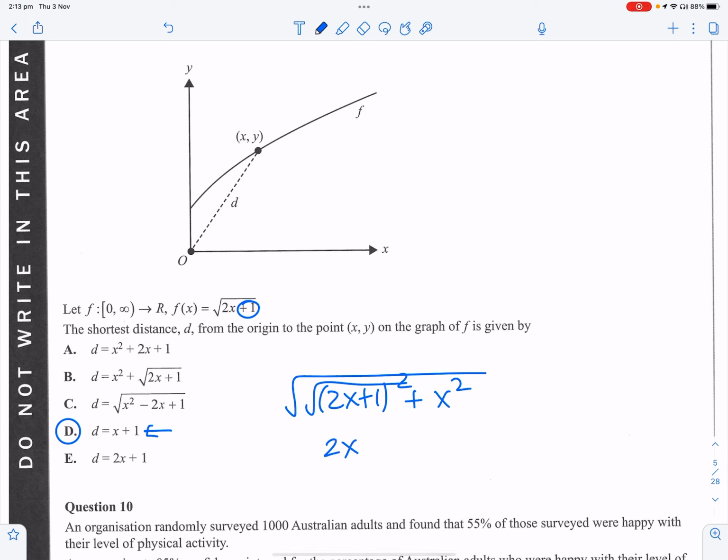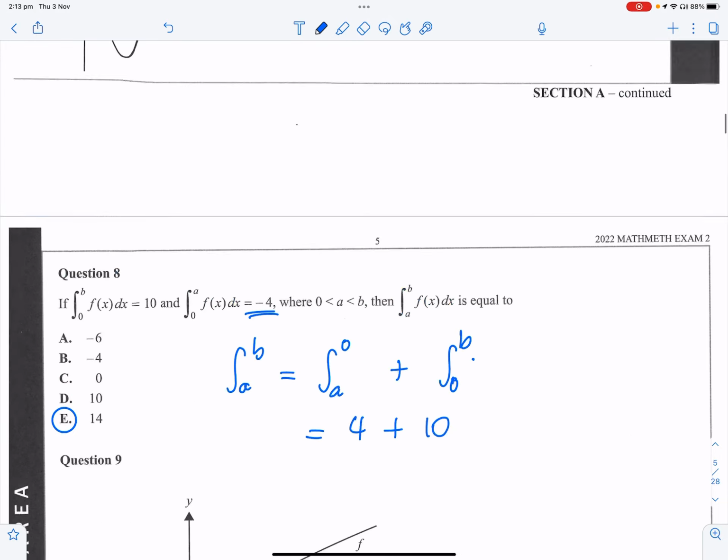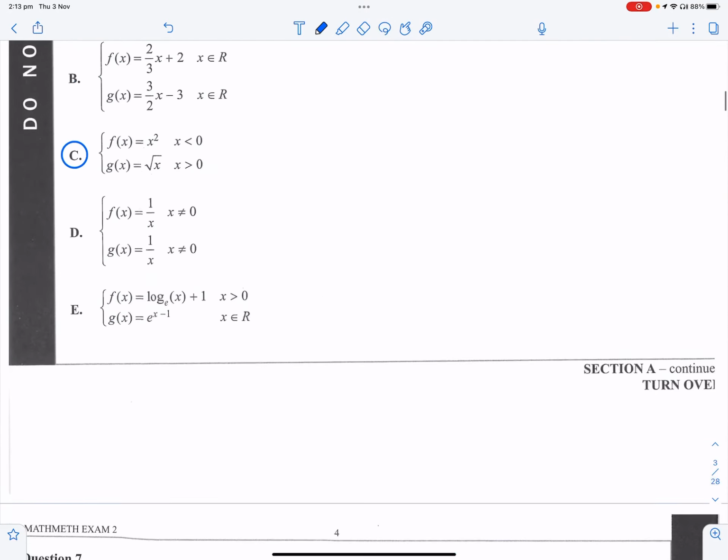We know that's 2x plus 1 plus x squared, which is x plus 1 squared and square rooted. The shortest distance, you would differentiate it and set it equal to 0. That's just the distance. So I don't understand that question. That's right, that's wrong. I think everything else is right.